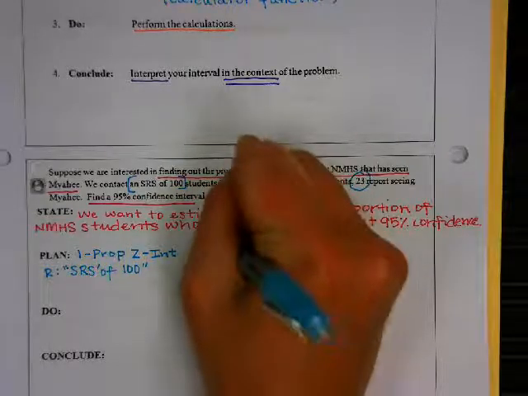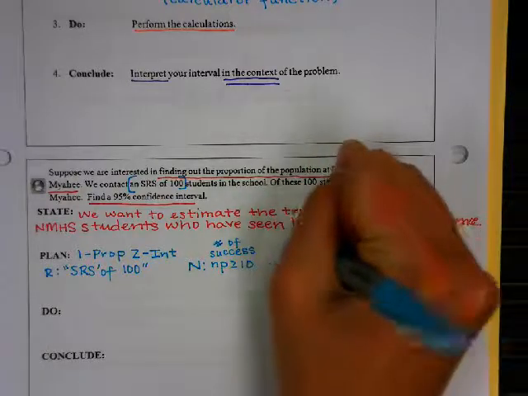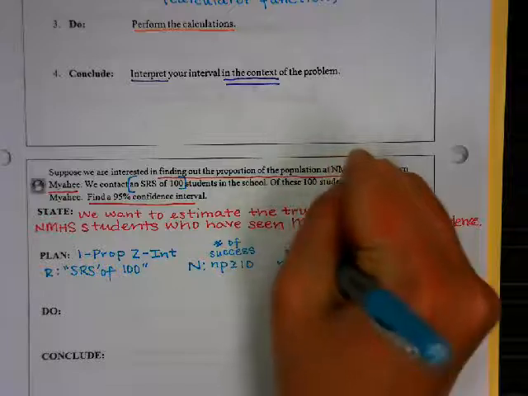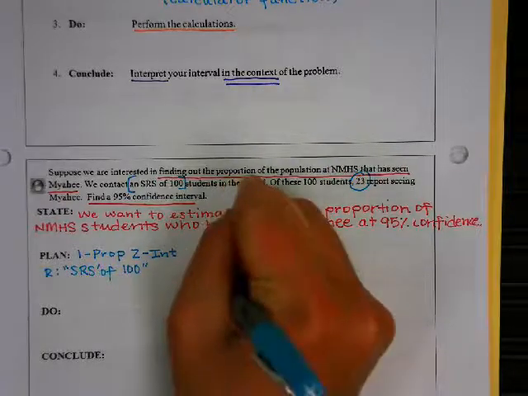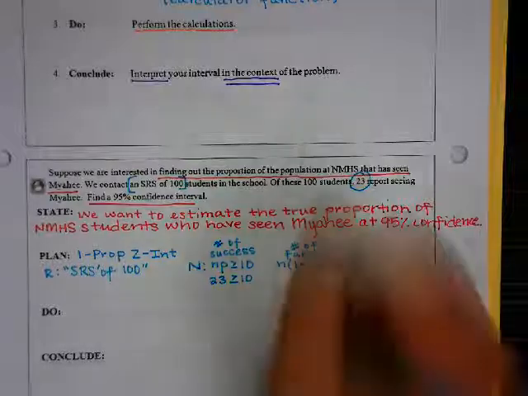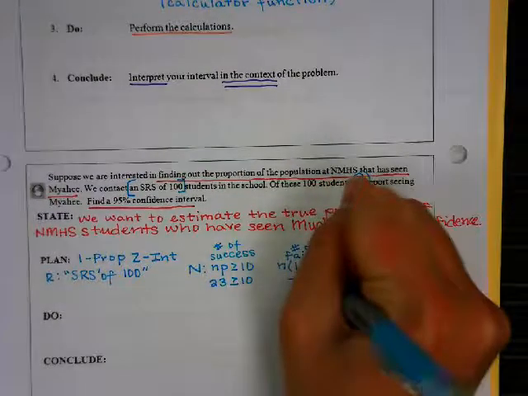In this case, if they've seen the video, that's considered a success. So 23 from my sample have seen the video, and 23 is bigger than 10. If 23 have seen the video, how many have not? There's 100 in the sample, so this would be 77. Both are bigger than 10, so normal is met.